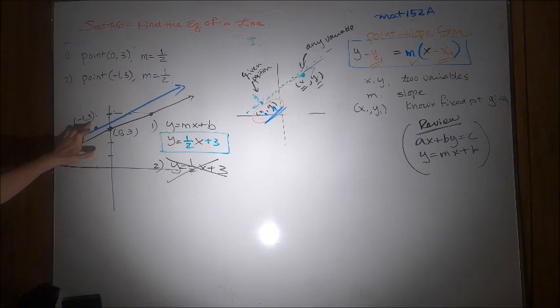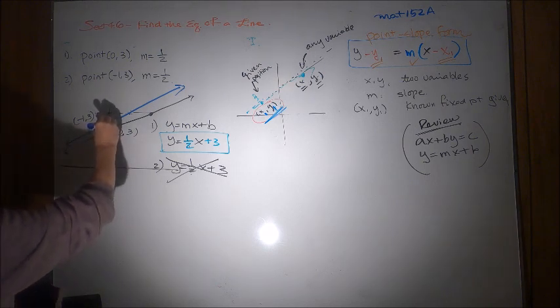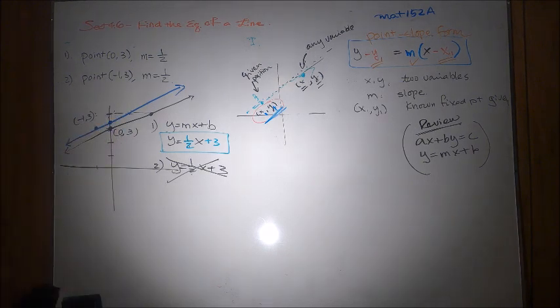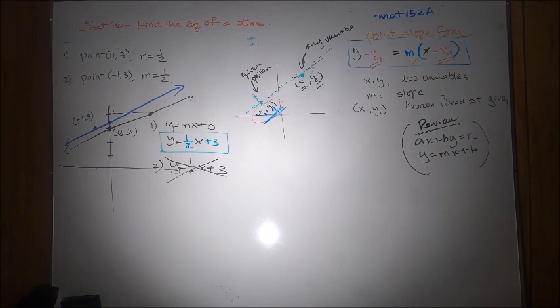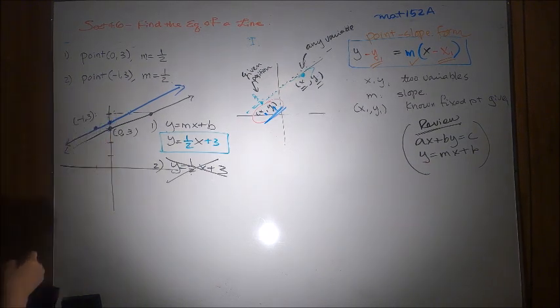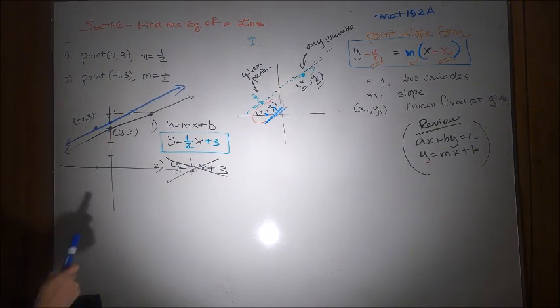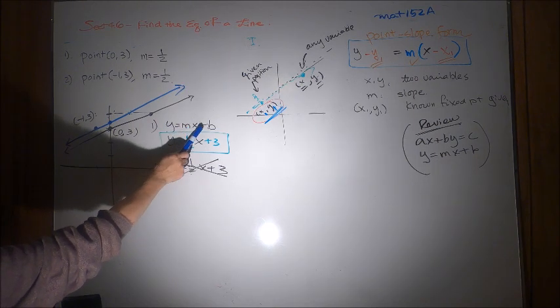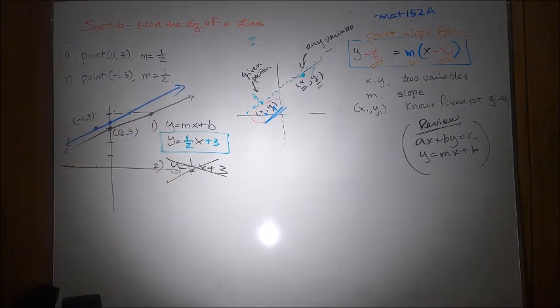Right? You can't because they are different lines. And for the second one, its y-intercept is not 3. It's somewhere here. So you cannot directly plug into mx plus b to write your equation.